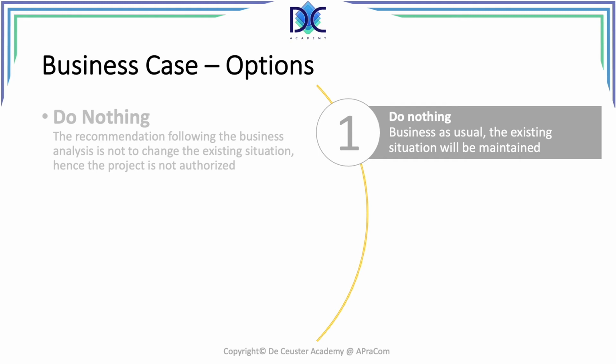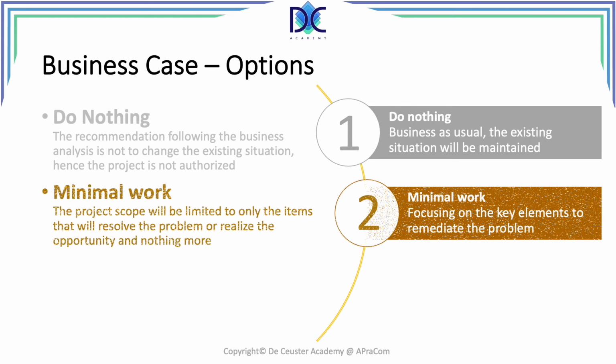In that case, we did not change the ongoing operations because the other options were not acceptable, were not better than the existing one. Minimal work: we look at the key elements only, and it's just to resolve the problem or to realize the opportunity, but nothing more.